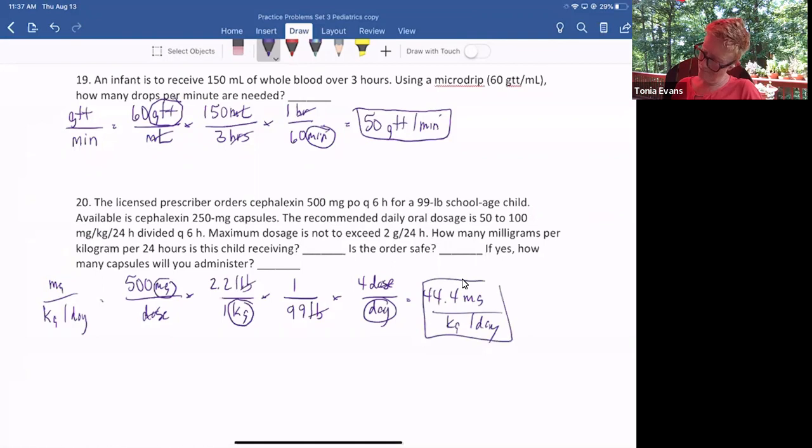So that's what our patient is getting. It's safe. It's a little bit less than therapeutic range. Not too terribly less, but definitely safe.